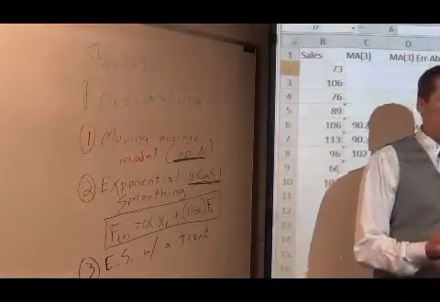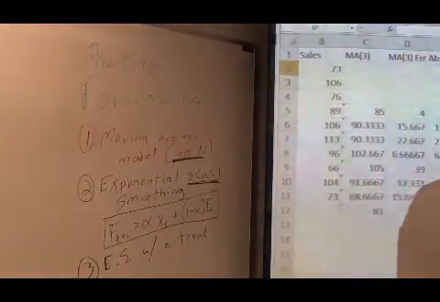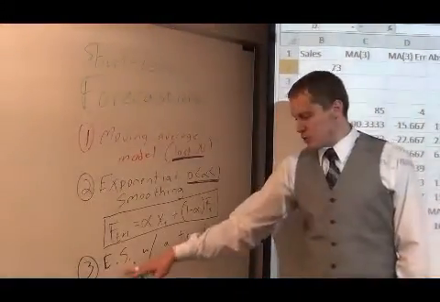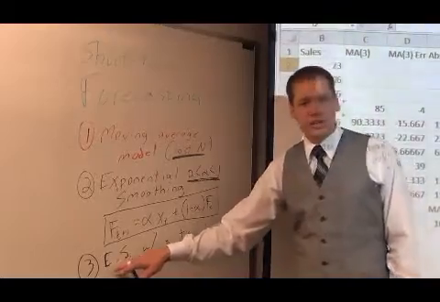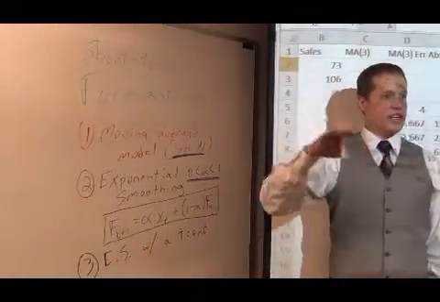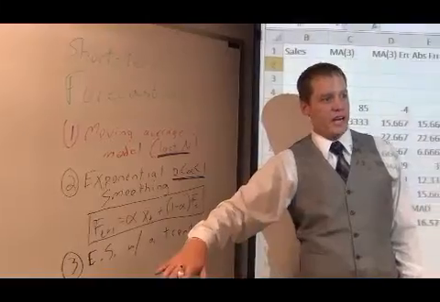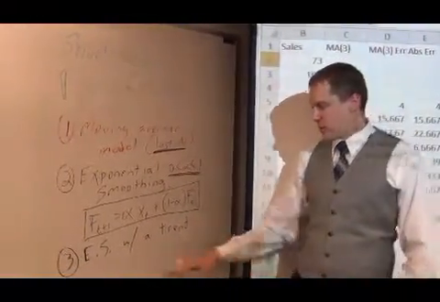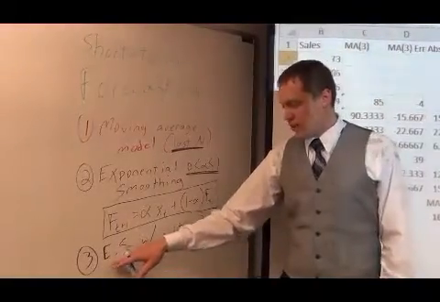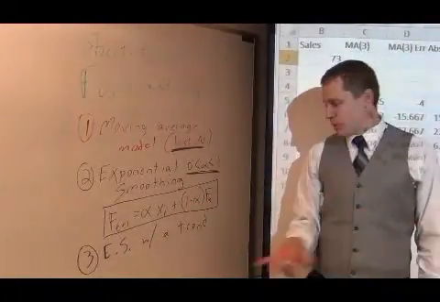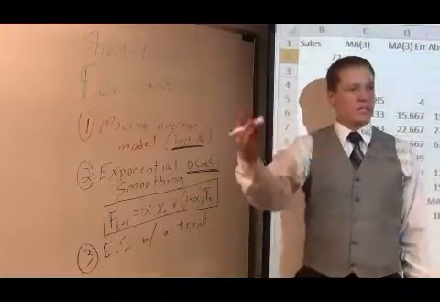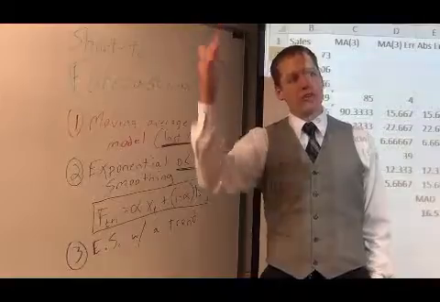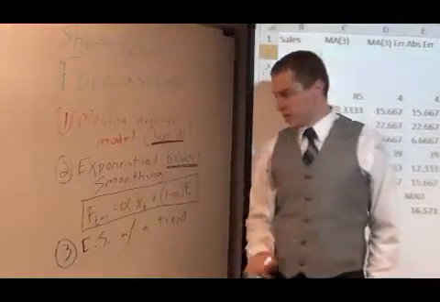So we're going to add another layer to this model to where we're not just predicting the future based on the past, but we're also trying to predict if there's a trend that the data is generally going up or generally going down, and use that to help aid our predictions. So we're going to predict not just exponentially decaying or smoothing the past, but also predicting a trend from the past, whether or not all of our predictions should be adjusted up or down based on an overall trend.